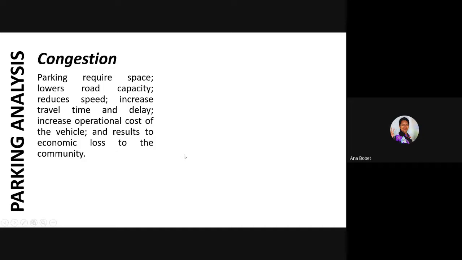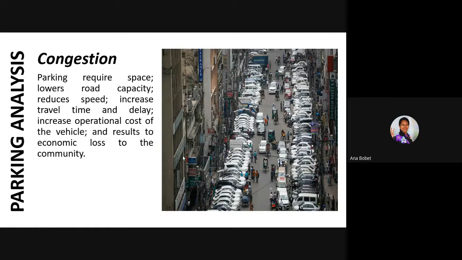Okay. Another consideration for parking analysis is congestion, because if we adopt and allow so much on-street parking, this is what happens in, I think, Delhi or Mumbai in India, where both sides of the road are already eaten by on-street parking space. So the travel lane becomes a limited area, no? The area shrinks, because everyone parks on both sides of the road, which should not be because this is a traveling area.